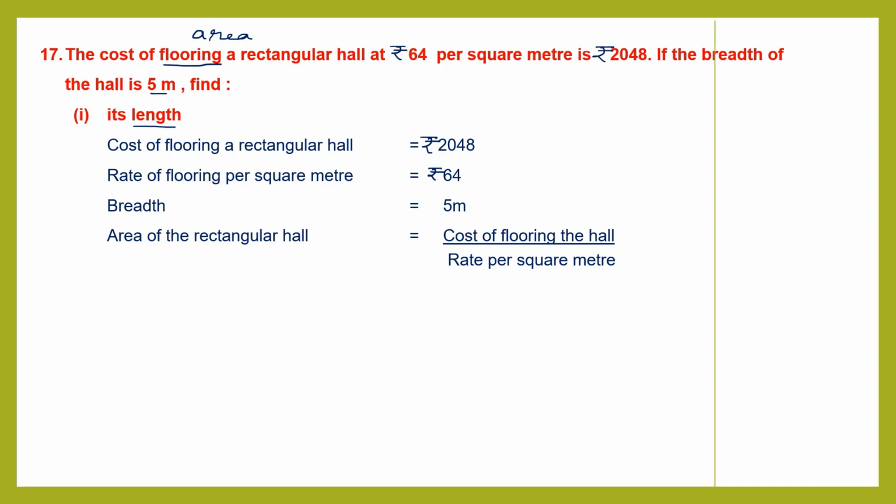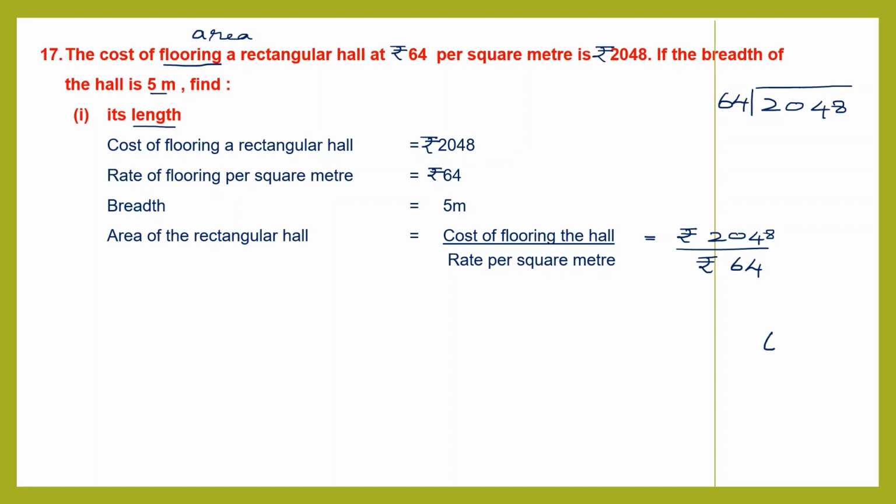So the cost of flooring the hall is rupees 2048 and the rate per square meter is 64 rupees. So we have to divide 2048 by 64. So let's do that. 2048 divided by 64.